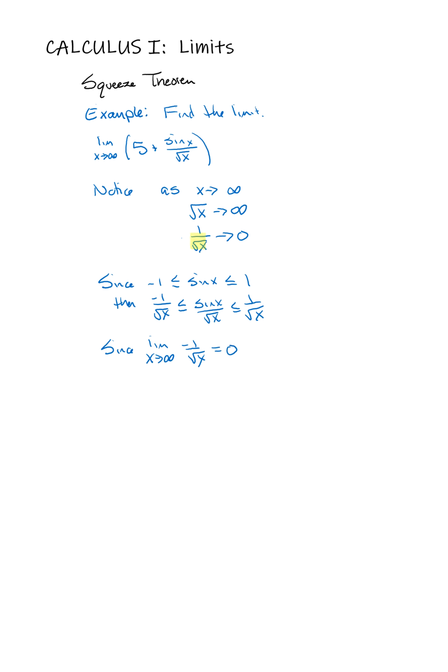That's what we got up here. And what about the limit as x approaches infinity of +1 over the square root of x? Now I'm looking just at the right-hand piece. But again, we saw that up here. That is also going to 0.